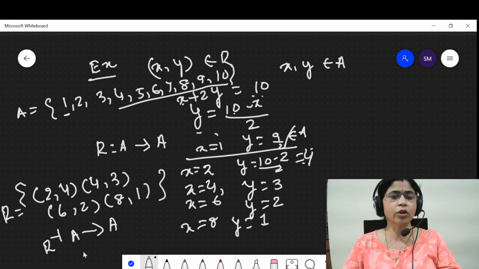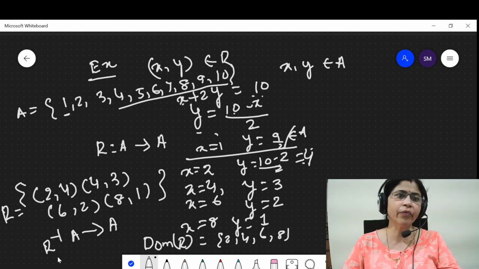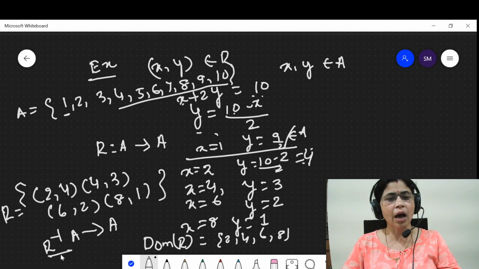This means the domain of R is equal to {2, 4, 6, 8}, which is equal to the range of R inverse, because R inverse is a relation from A to A. This is the inverse relation, where x plus 2y is equal to 10, here y is equal to (10 minus x) upon 2.